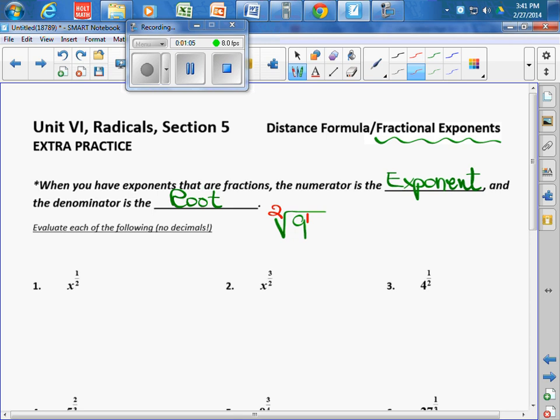So the square root of 9 can be written 9 to the 1/2 power, because the exponent is going to be the numerator, and the root is going to be the denominator. So that's how you're going to rewrite anytime you have a number raised to a fraction.